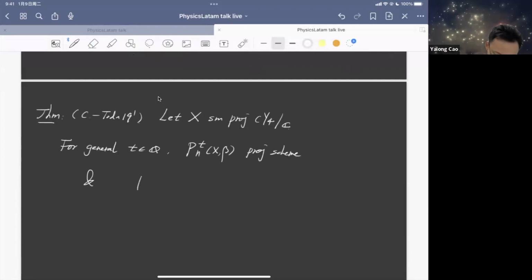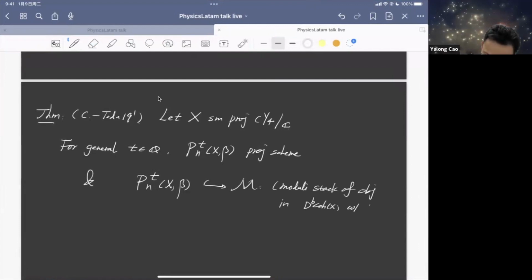Moreover, it has an open immersion to M, where M is the moduli of objects in the derived category of coherent sheaves with fixed determinant, the trivial determinant.